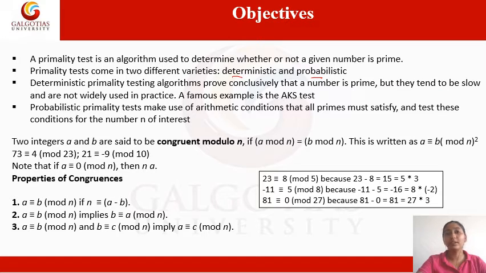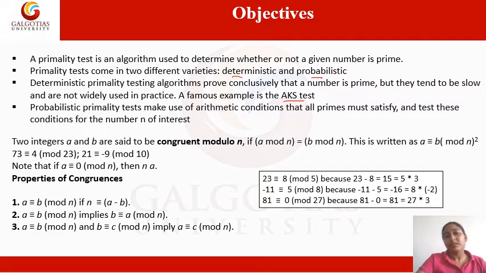If the number satisfies all the test parameters, then it will definitely be a prime number. But this is not extensively used because of the slow processing of this algorithm, and AKS testing is the example for deterministic primality testing.